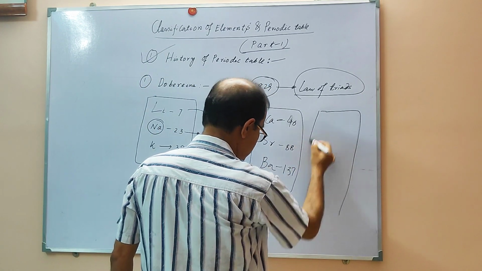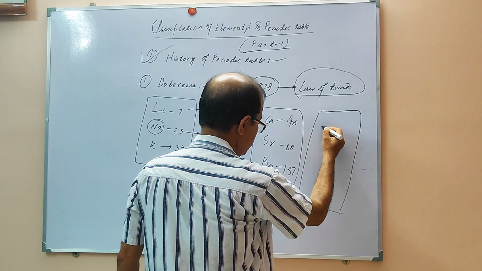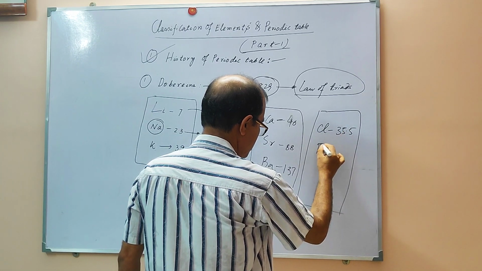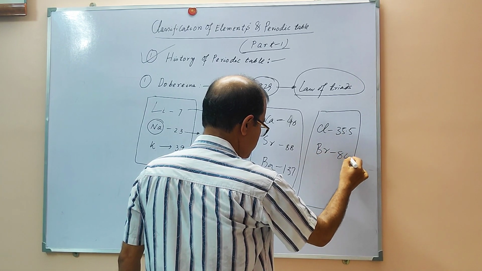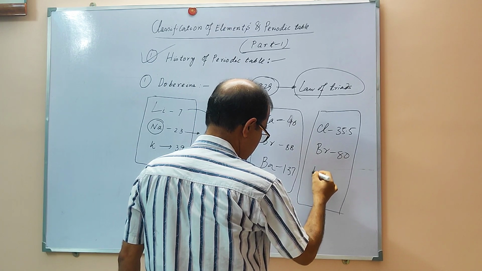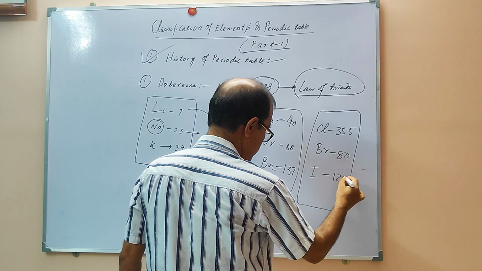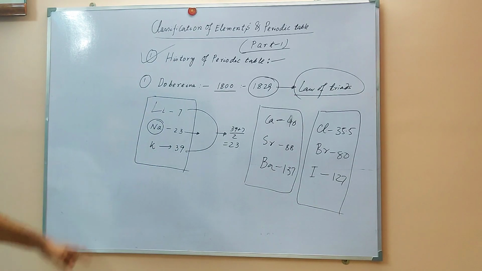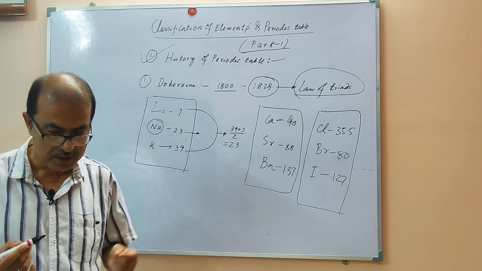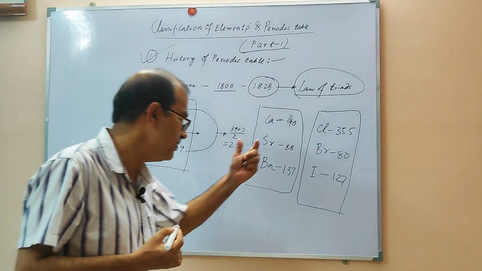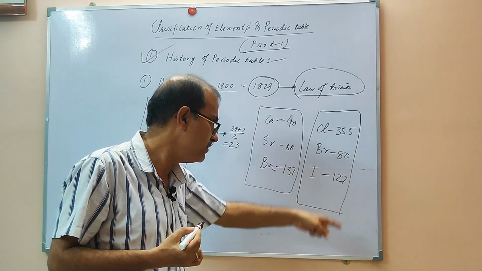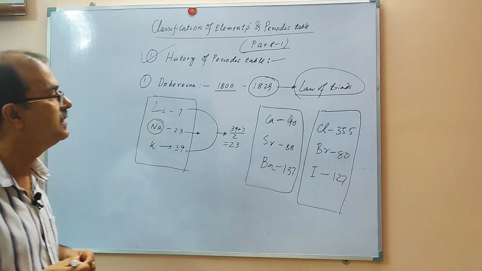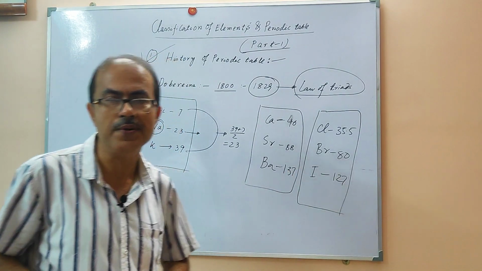Third group you can see: chlorine 35.5, bromine 80, and iodine 127. If you do the same calculation, you find the atomic mass is very close: if we take the average of chlorine and iodine, we get the atomic mass of bromine.